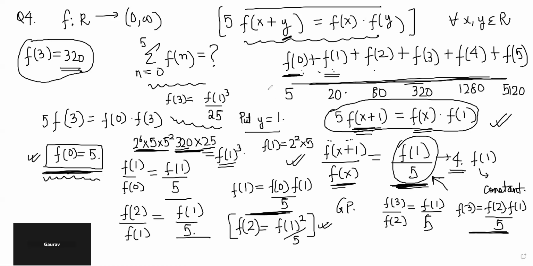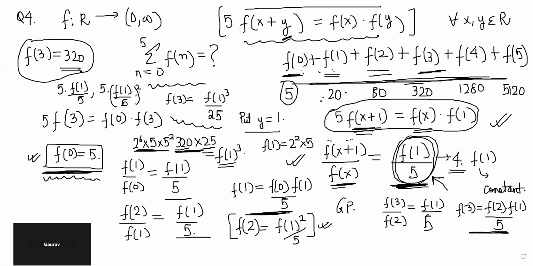So that means if I know the starting term, I can write every term after that, right? If the common ratio is f of 1 by 5, the next term should have been 5 into f of 1 by 5. The next term should have been 5 into f of 1 by 5 whole square, right? And this term should have been 5 into f of 1 by 5 whole cube, right?